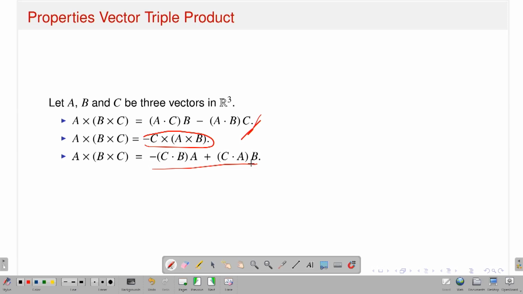A cross B cross C is equal to minus of C dot B with A, where C dot B is a scalar multiplied with the vector A, plus C dot A, a scalar which is multiplied with the vector B. So A cross B cross C is equal to minus C dot B times A plus C dot A times B.